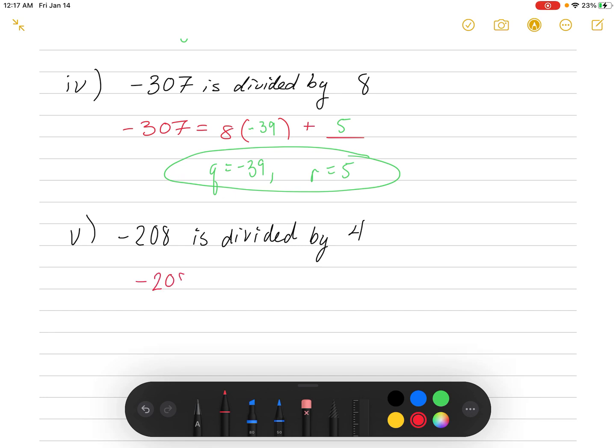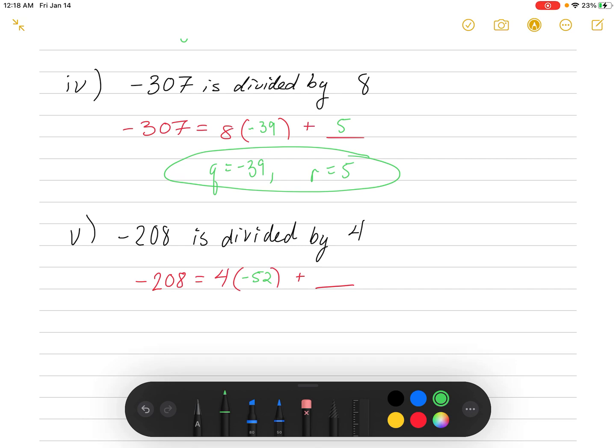Negative 208 is my A, equals my divisor D, which is 4, times the quotient, plus the remainder. If I take negative 208 and divide it by 4, I get minus 52. And it comes out evenly to minus 52.